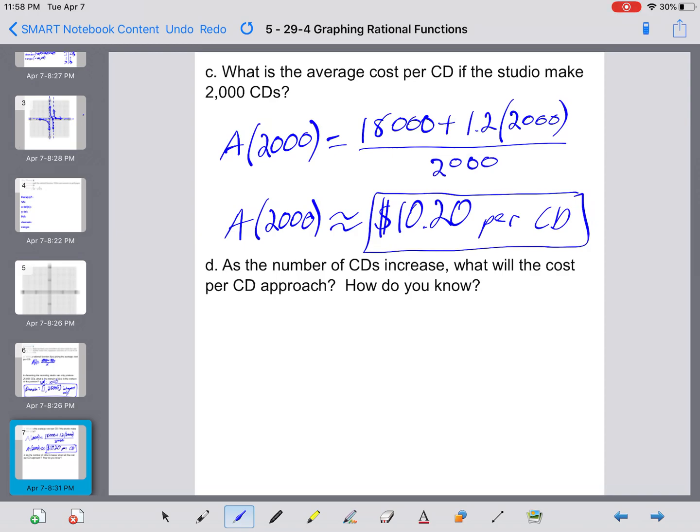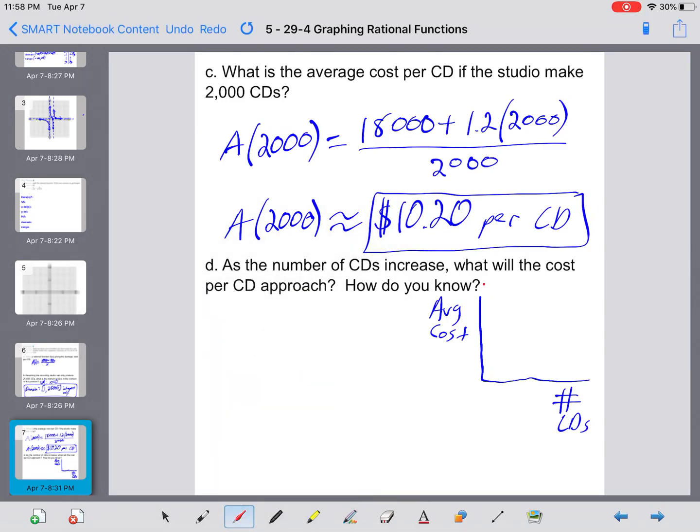All right, now this is kind of a conceptual question. It says, as the number of CDs increases, what will the cost per CD approach? And how do you know? So, like I said before, it's kind of visualizing this graph without technically graphing anything. The number of CDs is the x-axis, the average cost is the y-axis.